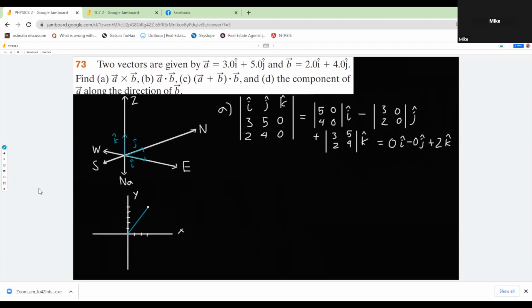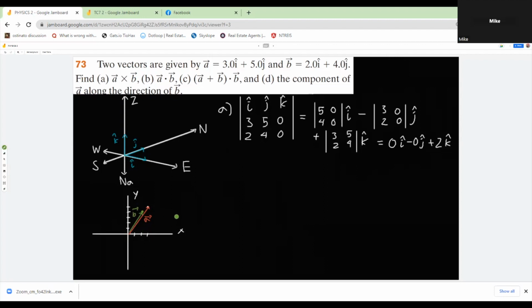Mali. I forgot my color coding. Medyo mahirap lang makita yung B at saka A, no?